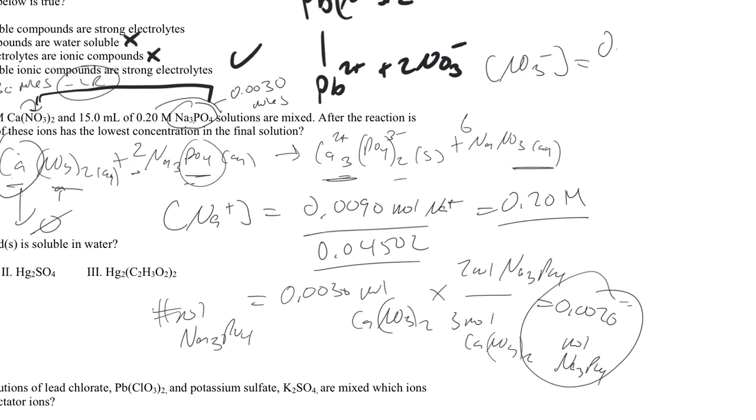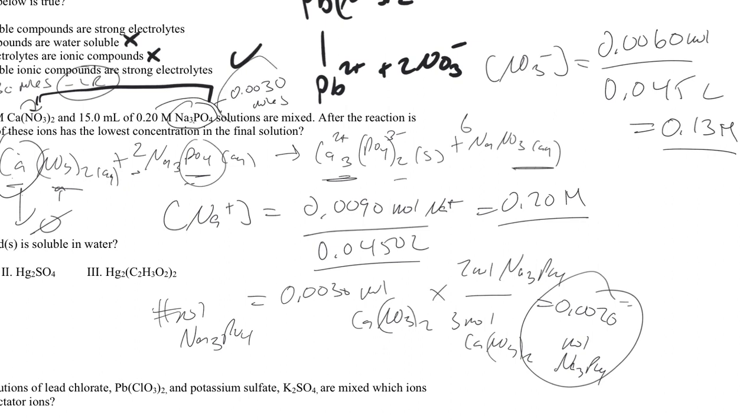So the nitrate would be 0.0060 moles of nitrate divided by the same volume. It's 0.13 molar. Calcium should be 0. If we wanted to calculate the phosphate ion concentration, how would we do that?